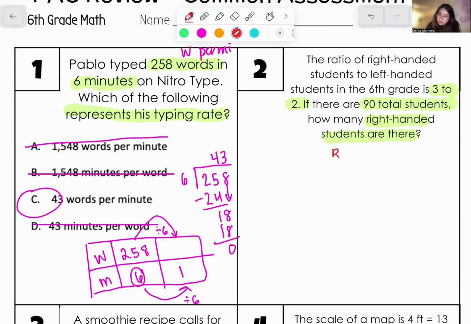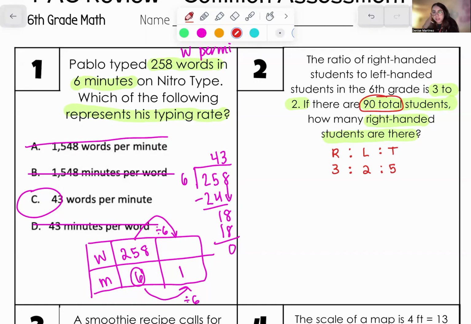So right-handed to left-handed is 3 to 2. It's talking about total, so 90 total students. So we have to find the total. I do that by doing 3 plus 2, which is 5. Okay, so right, left, and total.